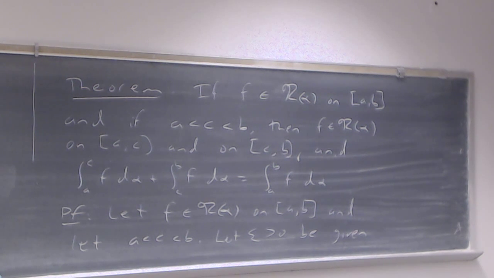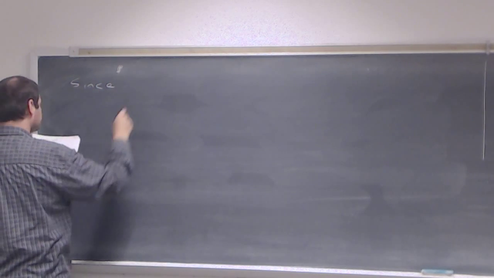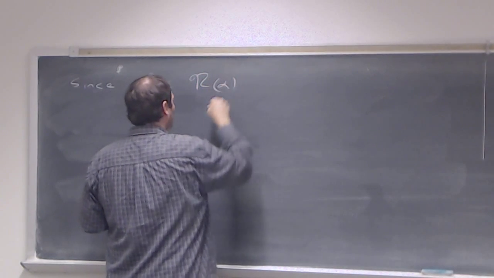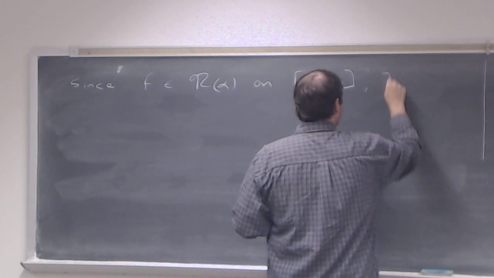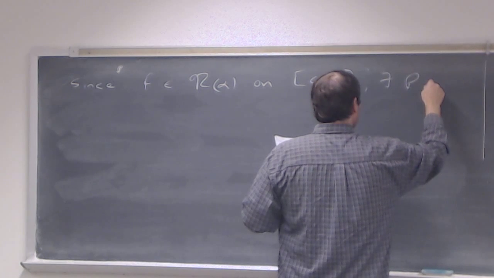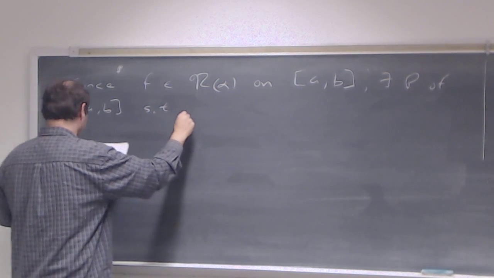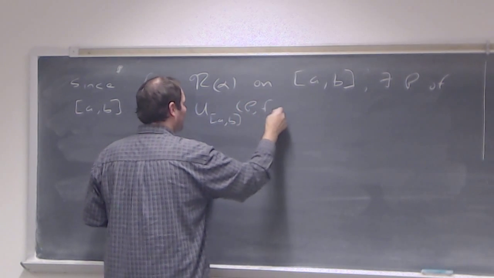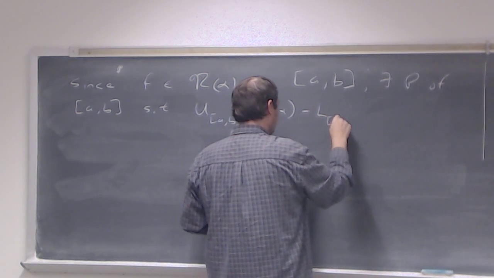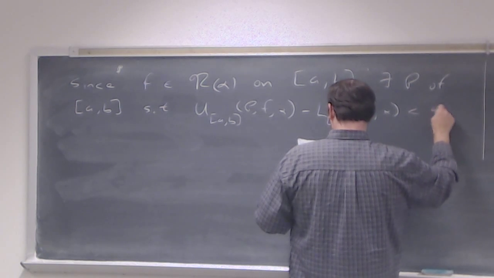Since f is an element of the Riemann-Stieltjes integrable functions with respect to alpha on [a,b], by our important theorem, there exists a partition P of [a,b] such that the upper sum U(P, f, alpha) minus the lower sum L(P, f, alpha) will be less than epsilon.